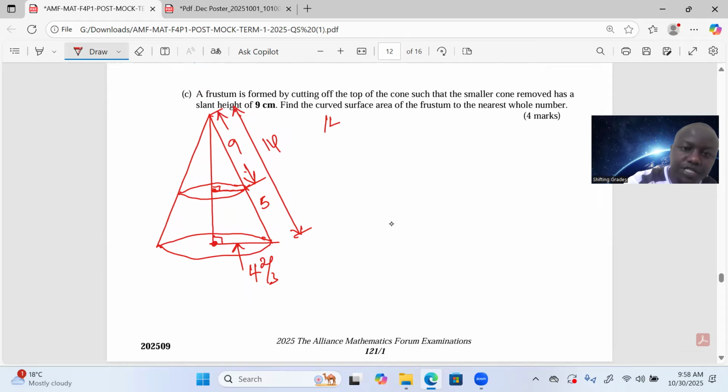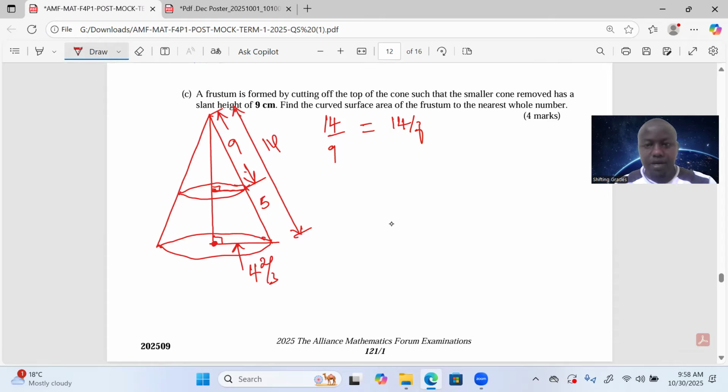So 14 out of the 9 that was cut should be the same as 4 2/3, which is 14/3, divided by the unknown radius.